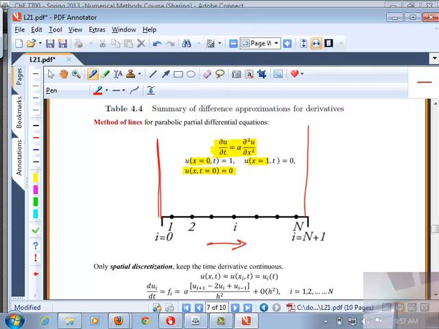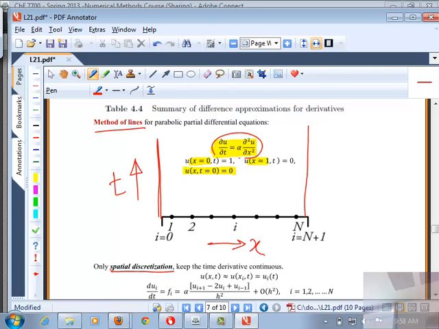The variable u, as a continuous function of x and t, is approximated by u evaluated at x_i, only at those nodal points. I won't have an idea of u at any other x values. That's a discretization process, but I'm still treating it as a continuous function of t.